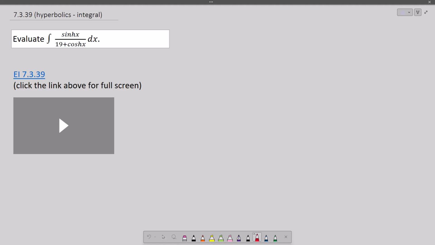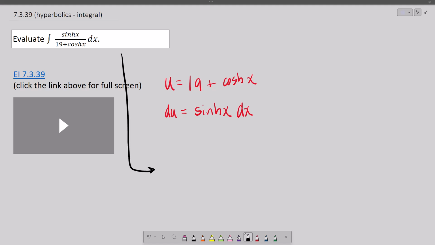Anytime the derivative of the denominator is the numerator, you can cut right to the chase. Now, if you didn't see that, and you let u equal 19 plus cosh of x, that's totally fine. This will come out absolutely fine. When you differentiate, you get sinh of x multiplied by dx, and your integral is going to become the integral of du over u.